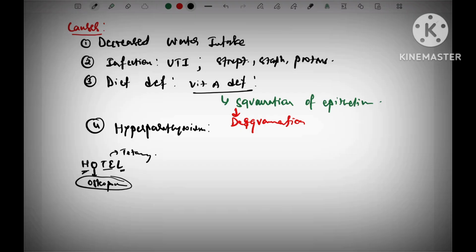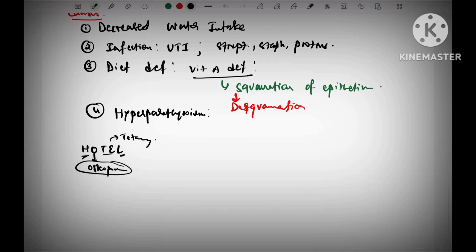It also passes through the kidney, where it gets filtered. Initially a lesser amount of calcium passes through the kidney, but in hyperparathyroidism there is a huge amount of calcium, so most of it passes through the renal tubes, and calcium stones, calcium oxalate and calcium phosphate stones, form in the kidney. So hyperparathyroidism is one of the causes of renal stone.